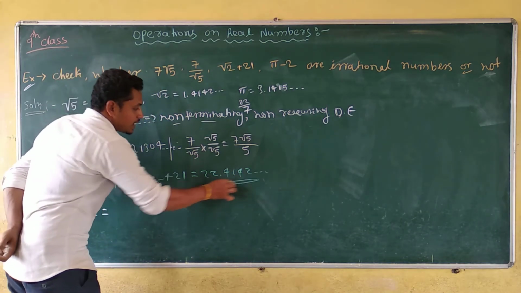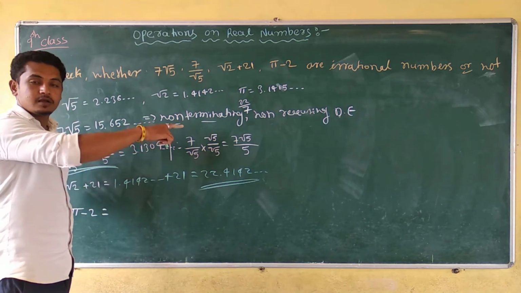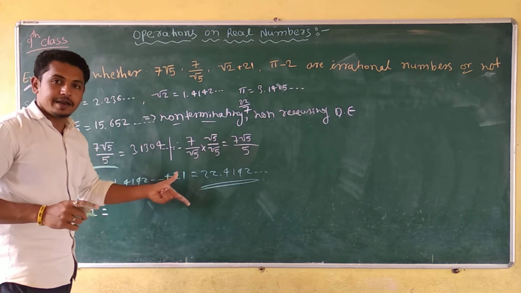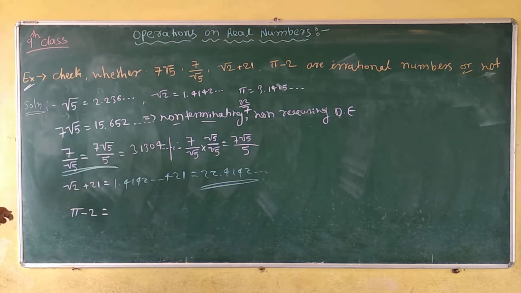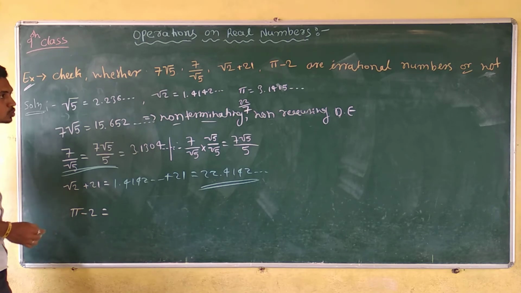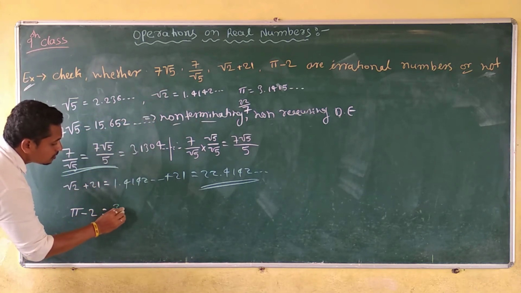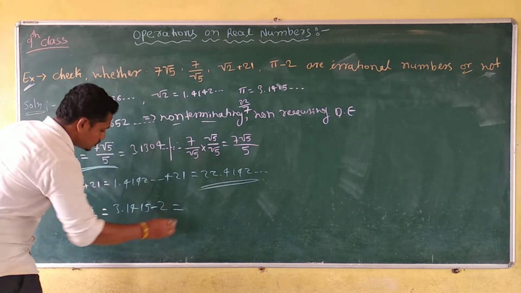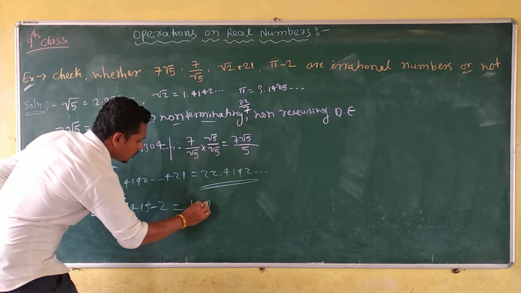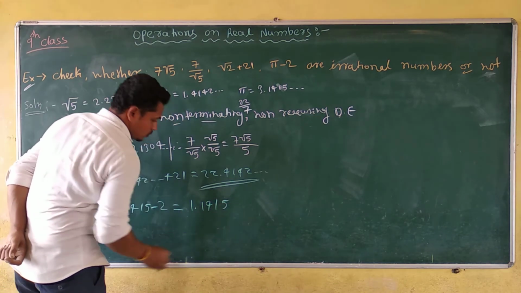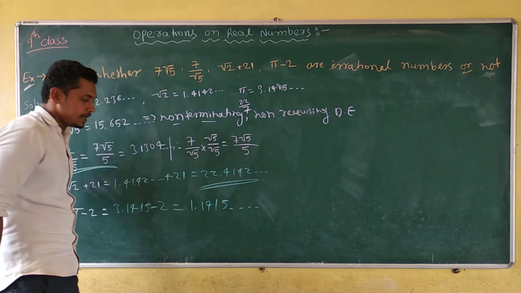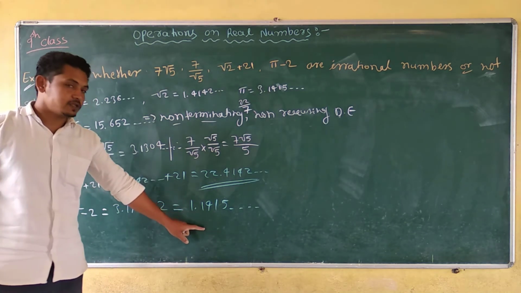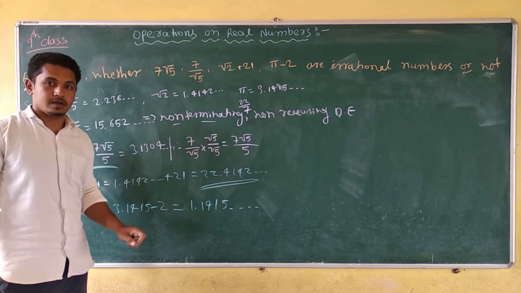It is also a non-terminating, non-recurring decimal expansion, which means it is also an irrational number. Next, pi minus 2 is 3.1415 minus 2, which gives 1.1415 and so on. It is also a non-terminating, non-recurring decimal expansion, so it is also an irrational number.